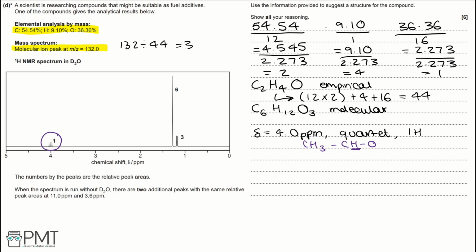So looking at number 6, so this has a chemical shift value of 1.3 ppm and it's got a singlet splitting pattern with 6 hydrogens in this environment.